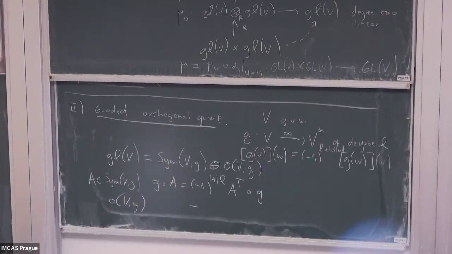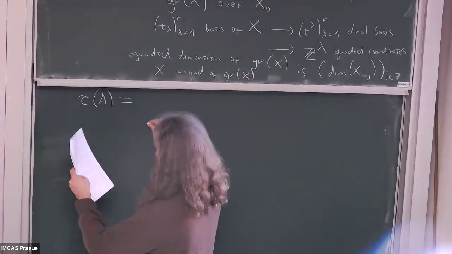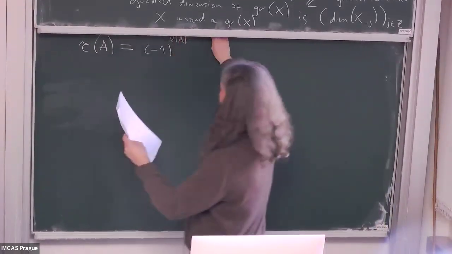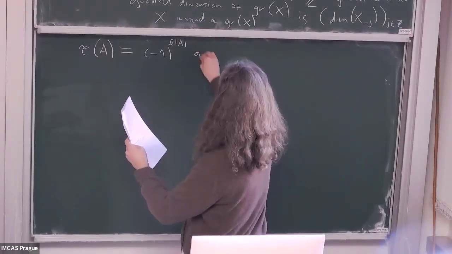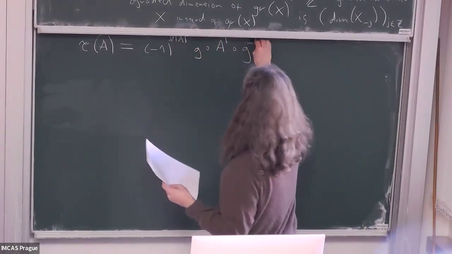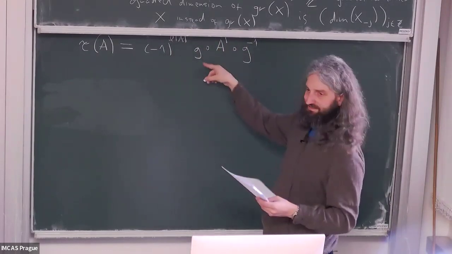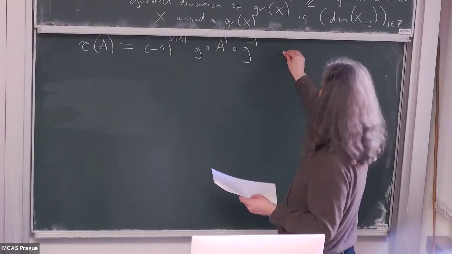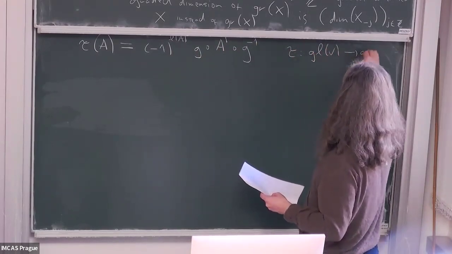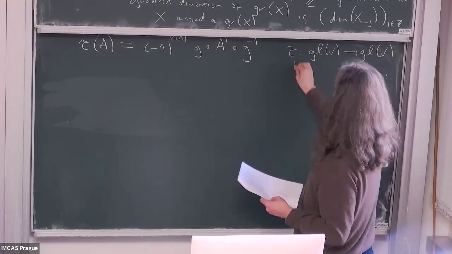Okay, so you first define a map T O, I will just write the formula for the map. So it composes the transpose of A with G inverse and G. And this in fact defines a map from GLV to GLV of degree 0.